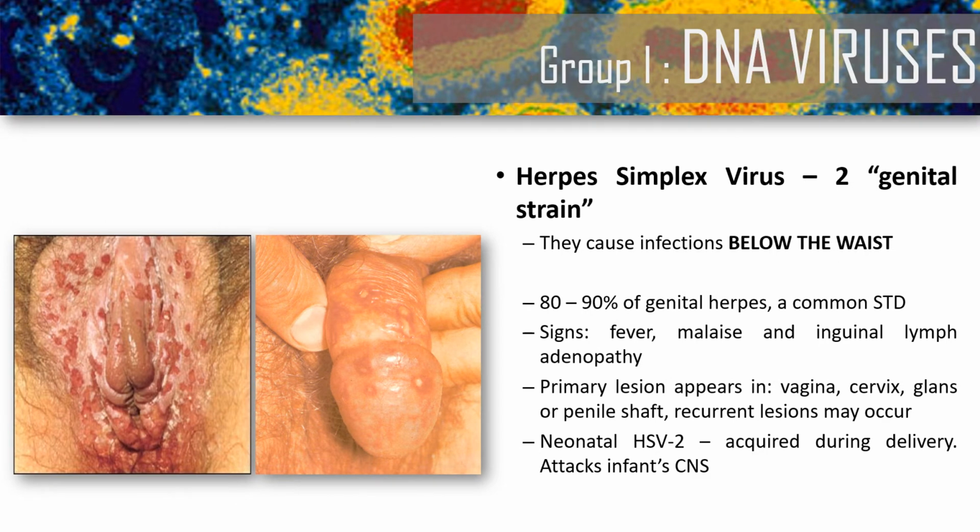So in the previous slide, we mentioned that herpes simplex virus 1 infects above the waist. We also have herpes simplex virus that infects below the waist, and we term that one herpes simplex virus 2, which is a genital strain. 80 to 90% of genital herpes is a common sexually transmitted disease.